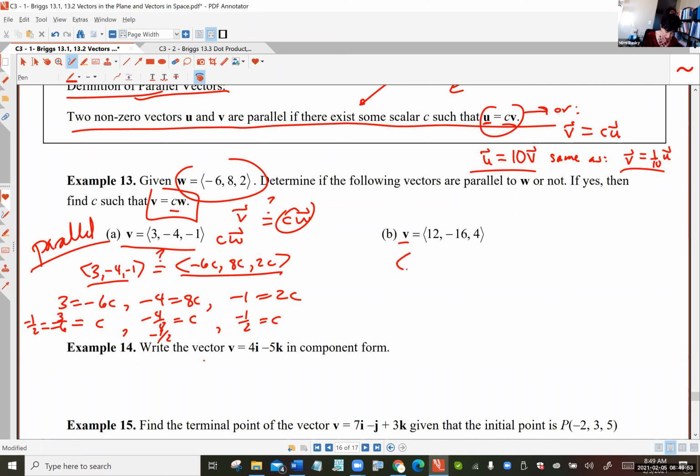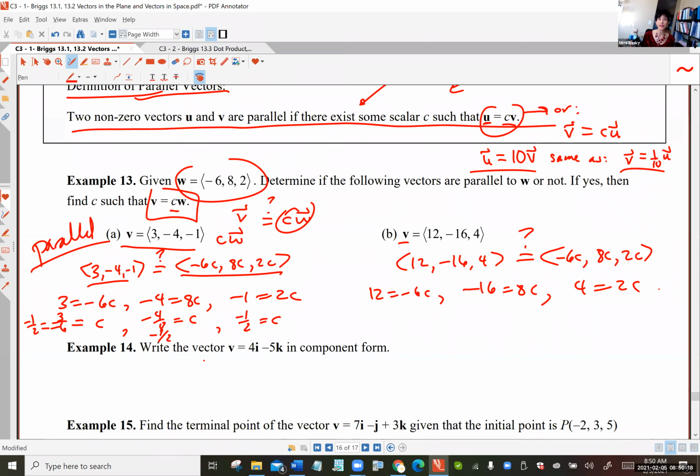Again, we want to check, does this V equal the scalar multiple of W, which we said was -6C, 8C, 2C? Are those two vectors equal where C is the same each time? So using vector equality, 12 is -6C, -16 has to be 8C, and 4 has to be equal to 2C simultaneously.